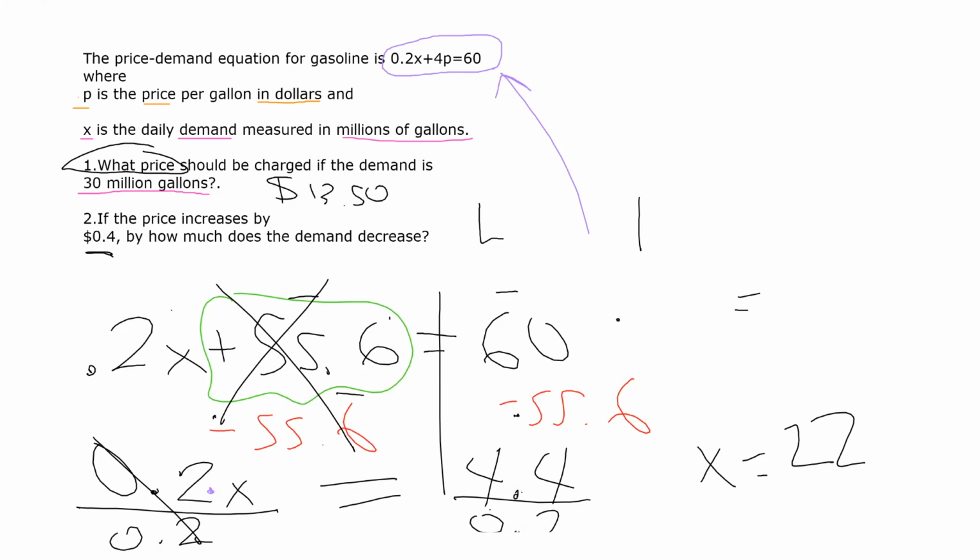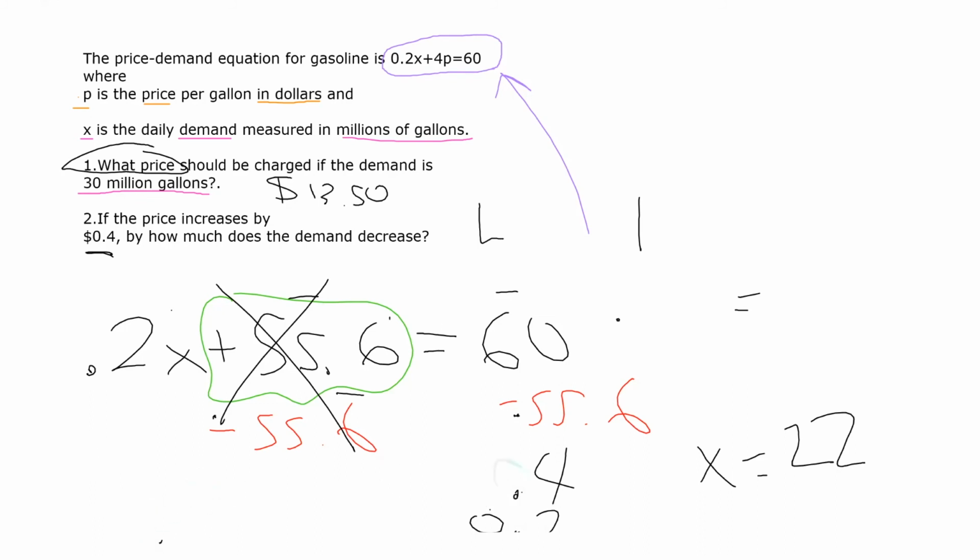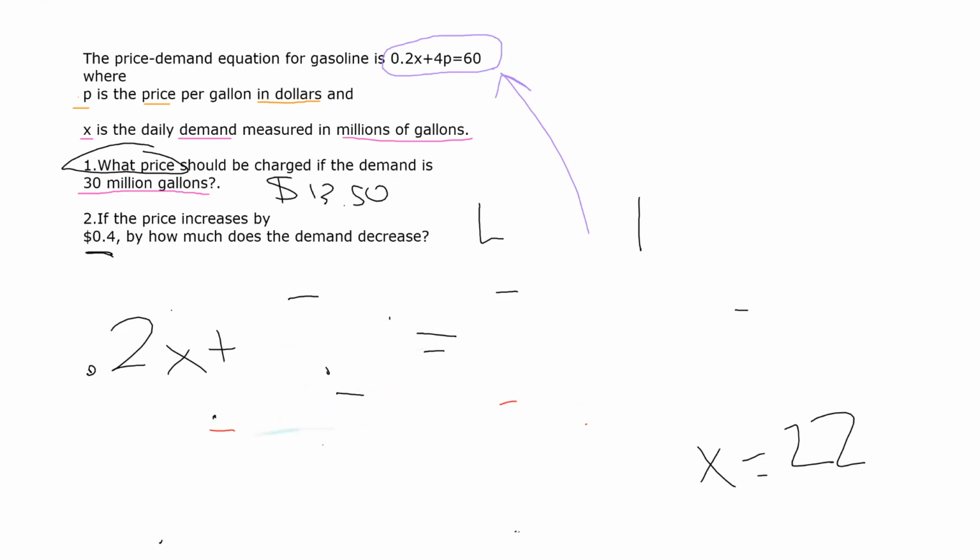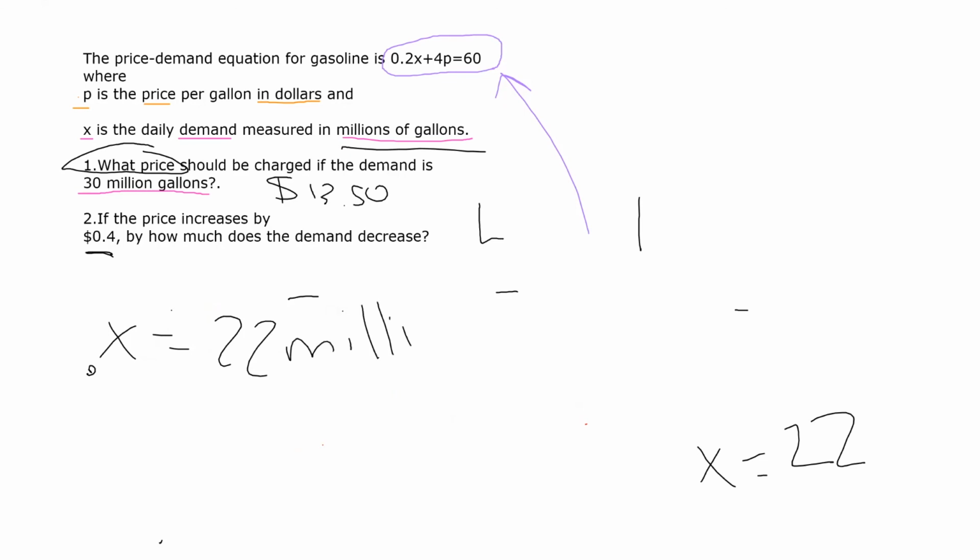Now you have to ask yourself, does my answer even make sense? Do I even know what I'm doing? And if you say no, well, that's okay, because it just takes a few questions and then you'll answer them and you'll know what you're doing. By how much does the demand decrease? So x equals 22. Remember, the demand is in millions of gallons. So that's 22 million gallons.